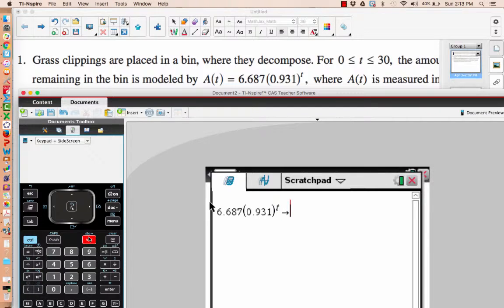Control var is the store feature, and we're going to call that A of t as it's defined in the problem. Our calculator doesn't do capital letters, even if you type them, so we'll just stick with lowercase. Okay, so from here on out, we can use A of whatever to refer to this function.